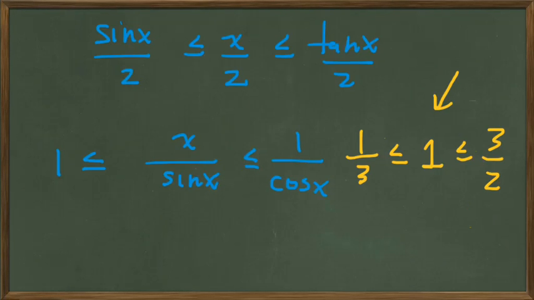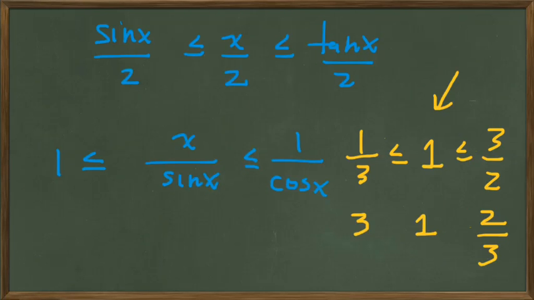A third is less than or equal to 1 is less than or equal to 3/2. What happens when we flip each of the three elements here, each of the three numbers involved in the inequalities, or take the reciprocal of them? So the 1/3 becomes a 3, the 1 does not change, and the 3/2 becomes a 2/3.